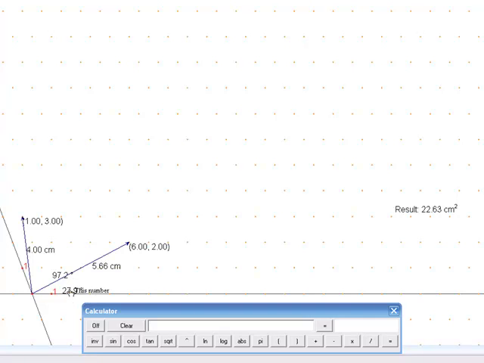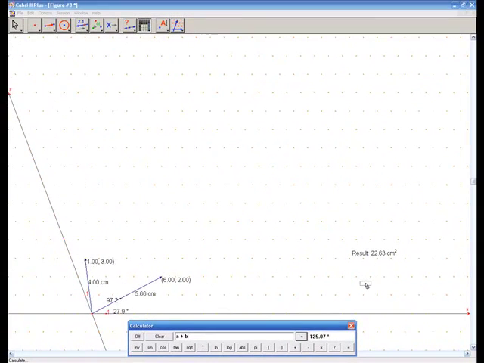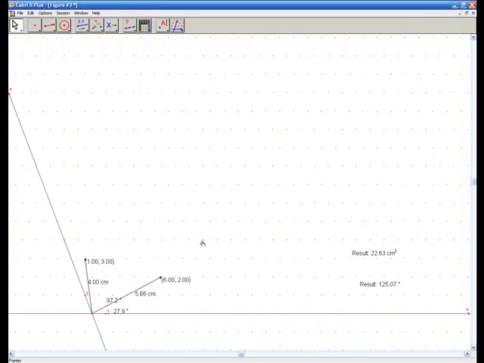Then we're going to take this angle and add it to this angle. And we get that angle there. Put that right there. And again, we're going to make a measurement transfer of this onto the real axis.